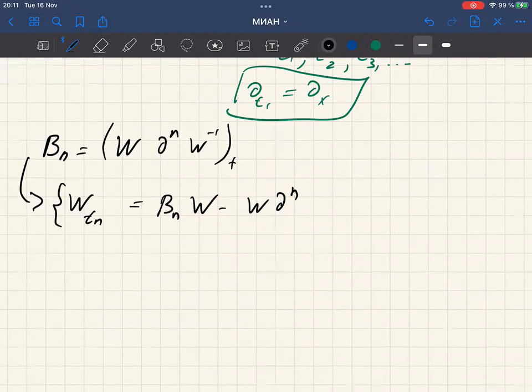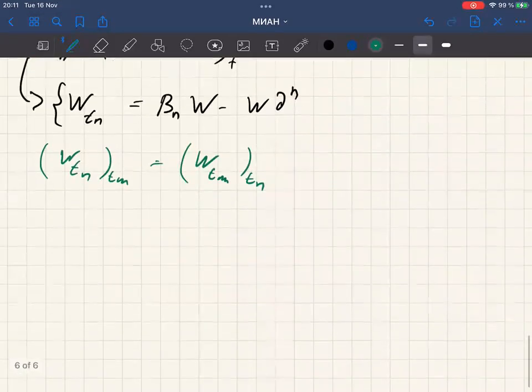It's not so hard to prove that these equations are self-consistent. I mean that the derivative of V with respect to T_N and T_M equals the derivative of V_T_M with respect to T_N.